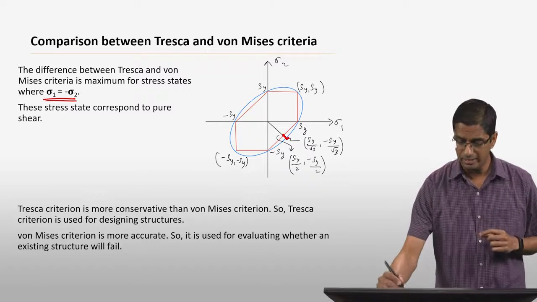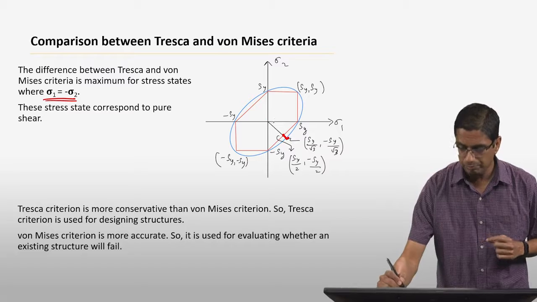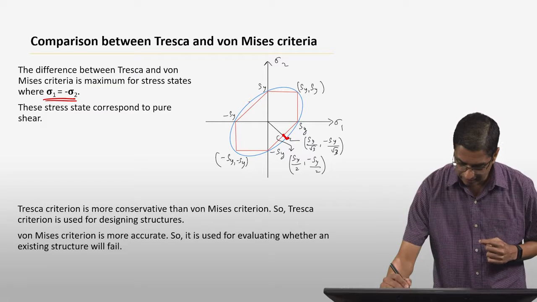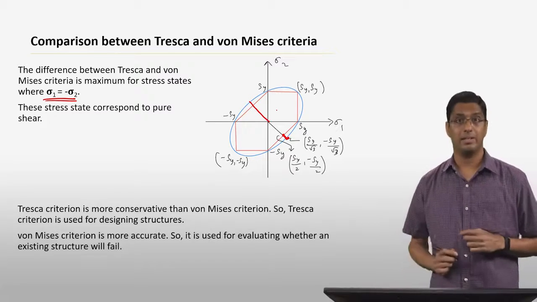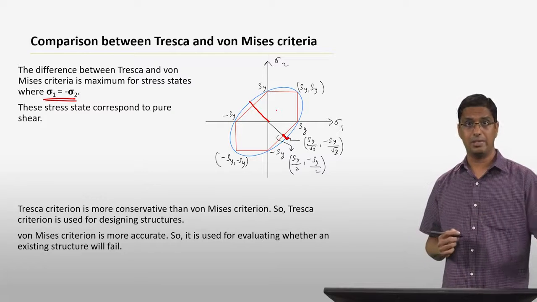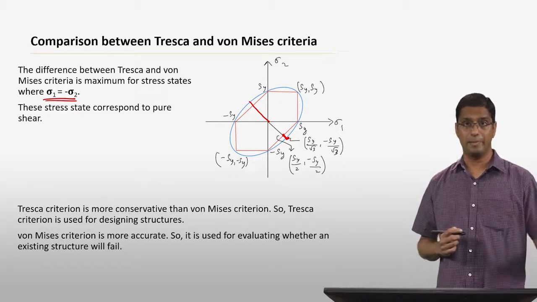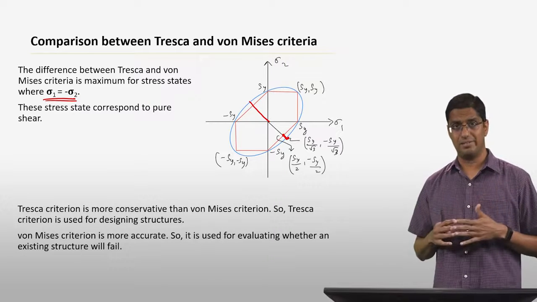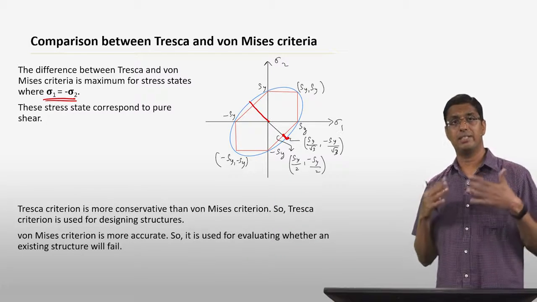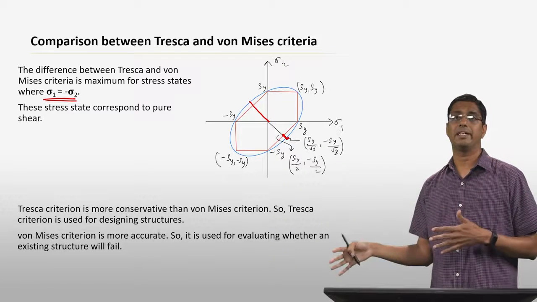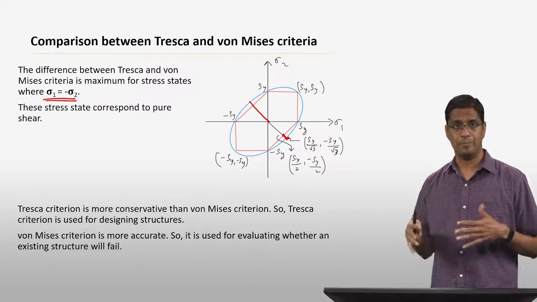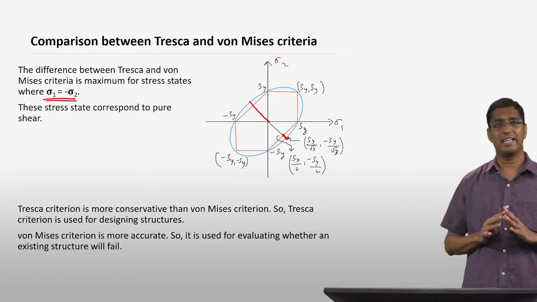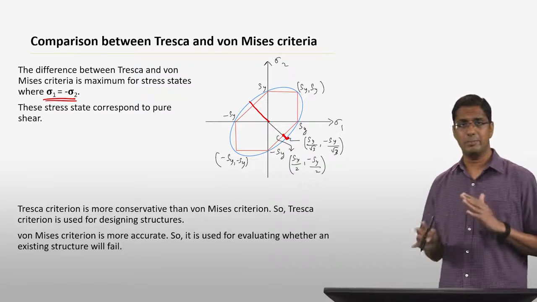So it is not just this line, it is also, for example, a line like this. On the other side, that is also a case where sigma 1 is equal to minus sigma 2. So for these stress states, that is where the difference between the von Mises criterion and the Tresca criterion is maximum.